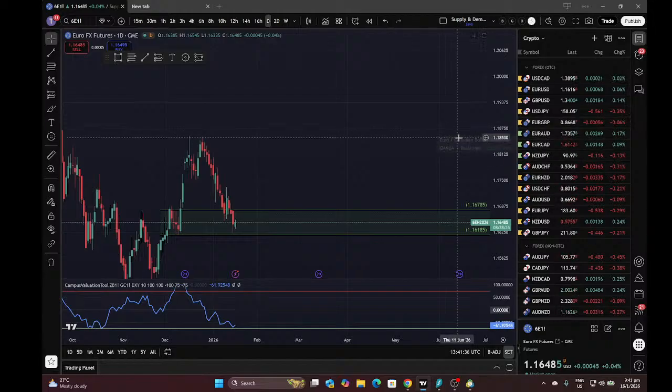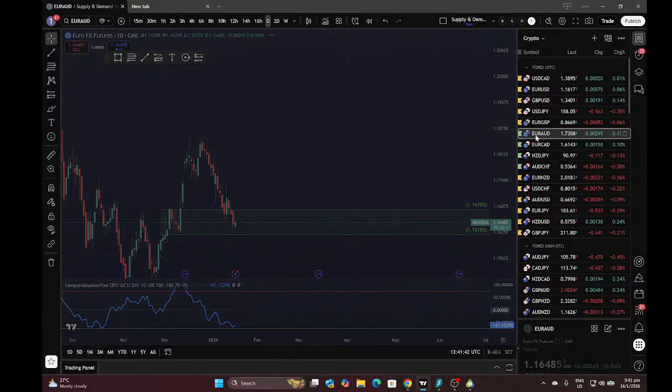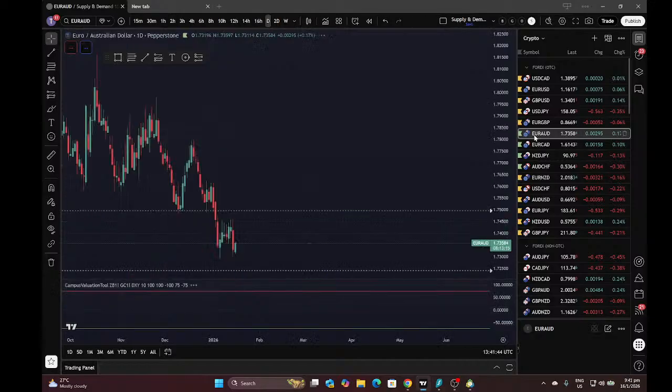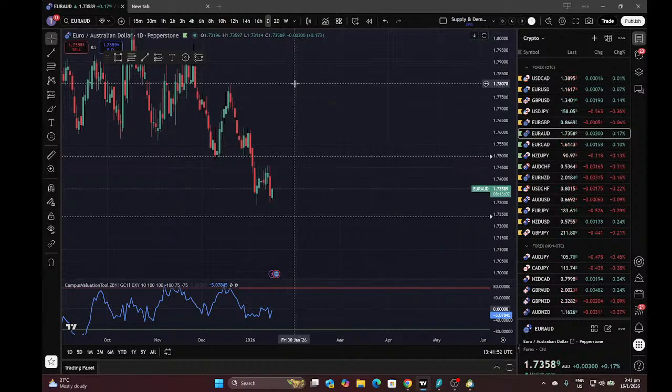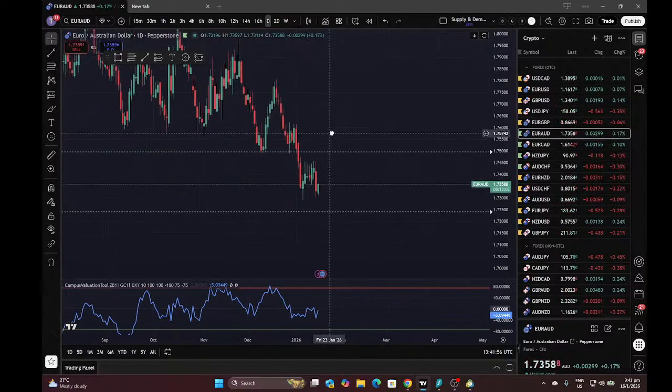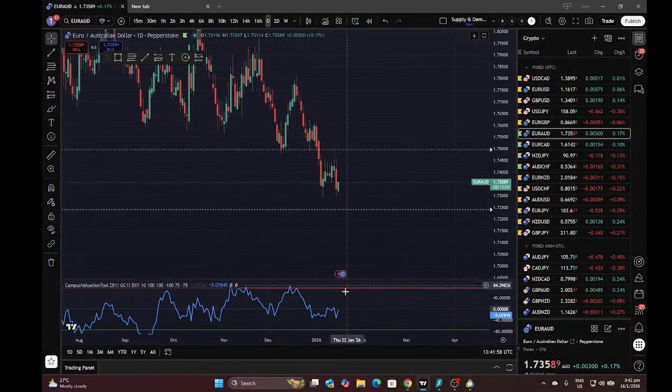Then in that case, we're gonna start with these two. Euro Aussie dollar. So what happens to the euro Aussie dollar is it's now in the middle of the valuation.